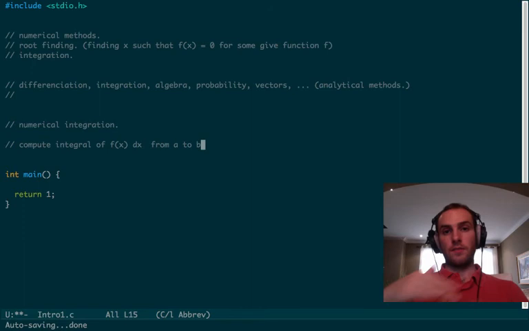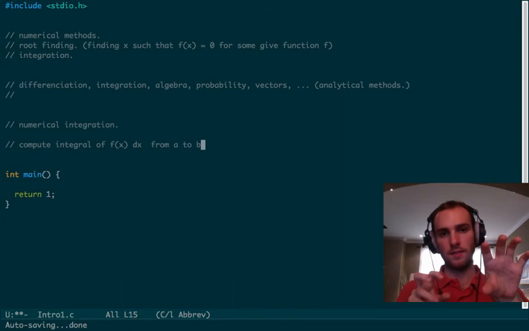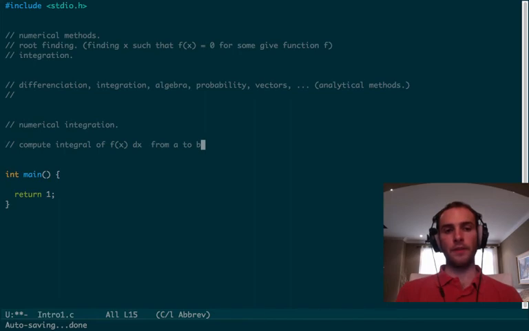If f is greater than 0 all the time, you just want to compute the area. If f sometimes goes below the x-axis, it's kind of a weighted area where when it's positive, it's a positive area, and when it's negative, it's a negative area, and you add or subtract to get a final number.